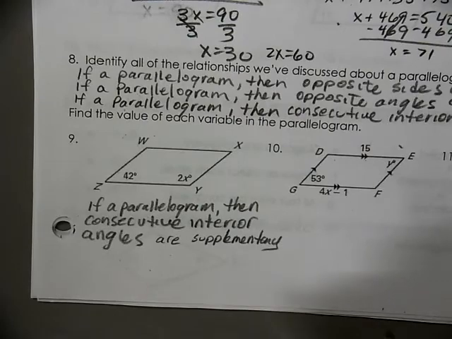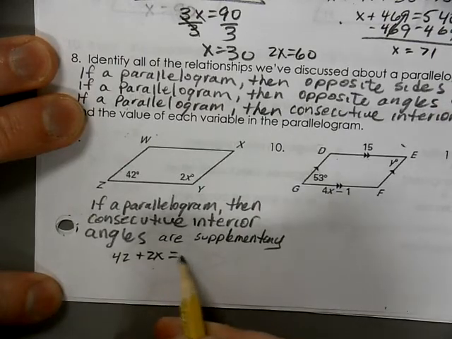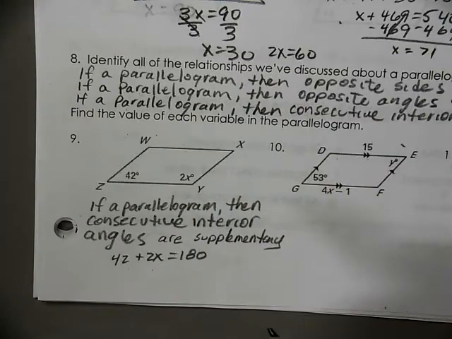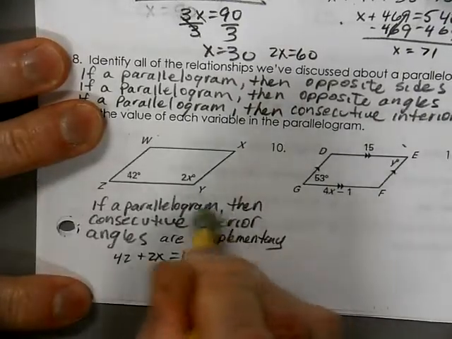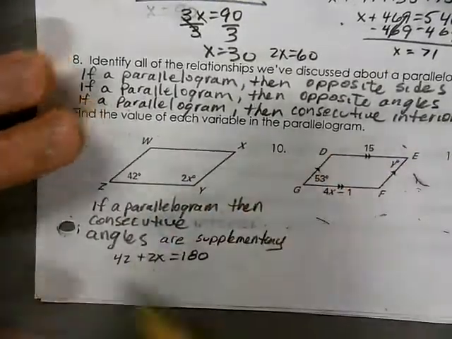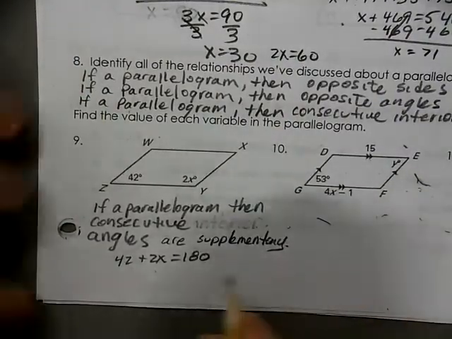Perhaps the interior wasn't necessary. The consecutive angles are supplementary. So 42 plus 2x has to add up to 180 because they're considered consecutive interior angles. Let's just say consecutive angles are supplementary. That's the way the theorem is written.